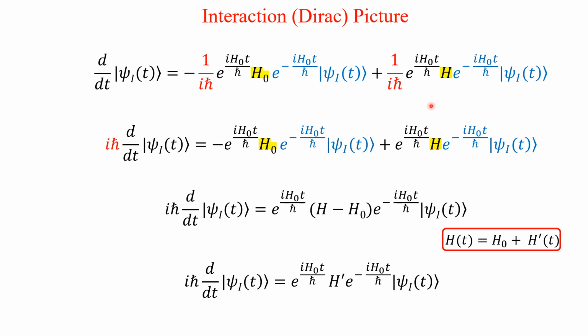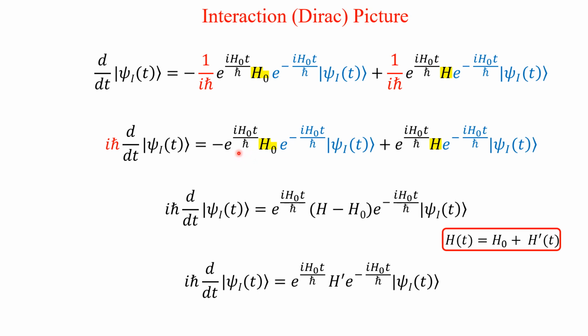Same thing is here. So you bring H naught, this ket vector also same. That is ket psi_I of t is same. So I have taken that as common. And this exponential term also is common in both cases.